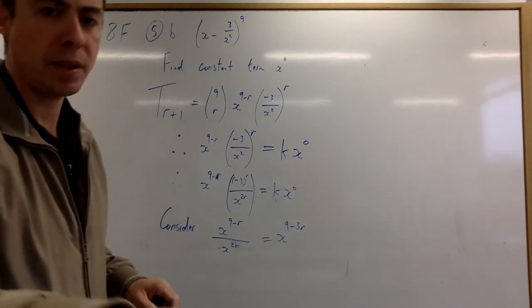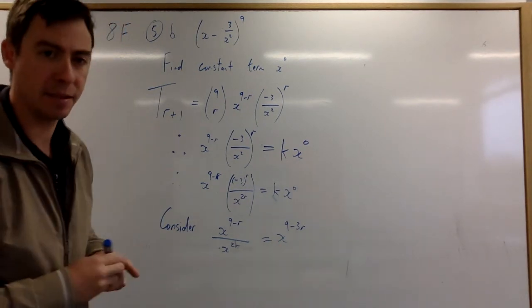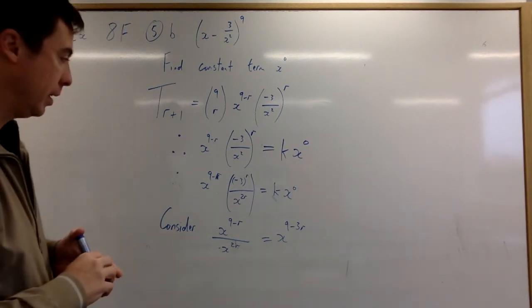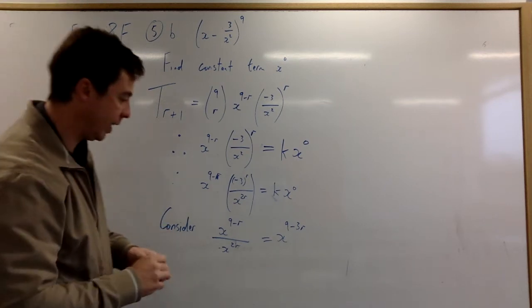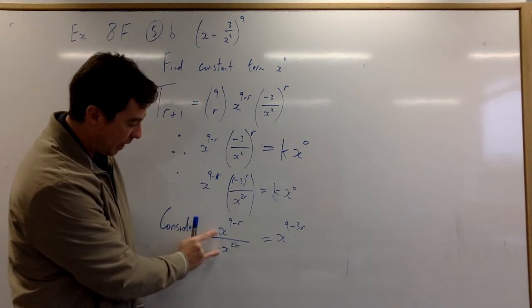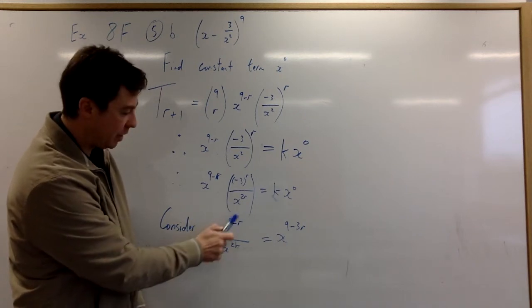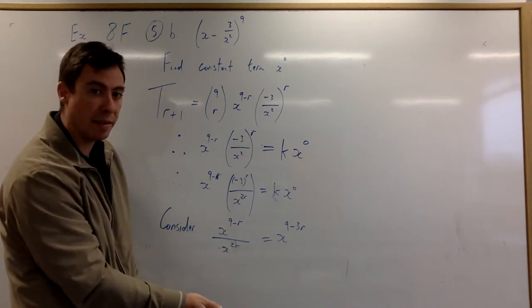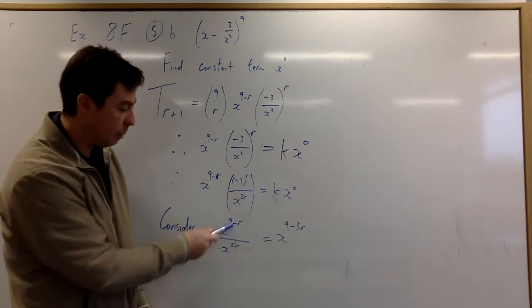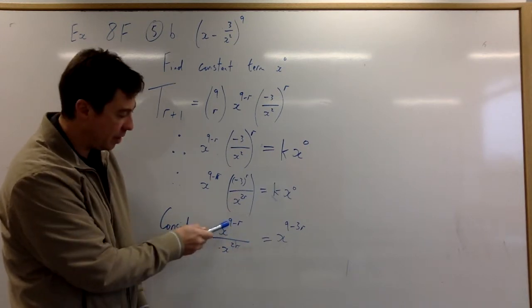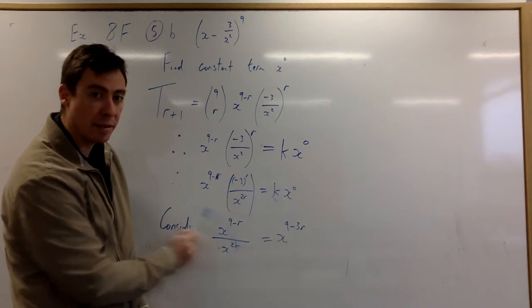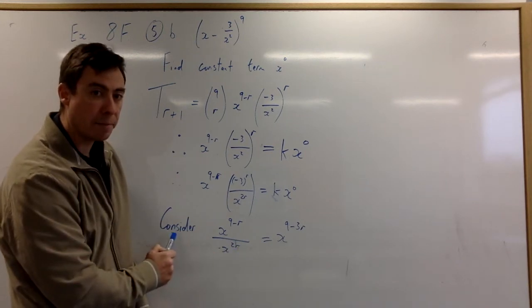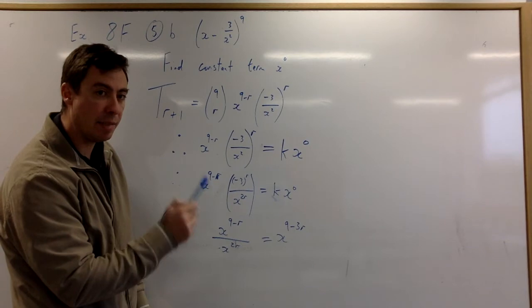Oh, my screen keeps blanking. Now I'm using index laws there. We've got the same base, x, but different powers, and we're dividing. What's the index law? We minus the powers. So I've done 9 minus r minus 2r.